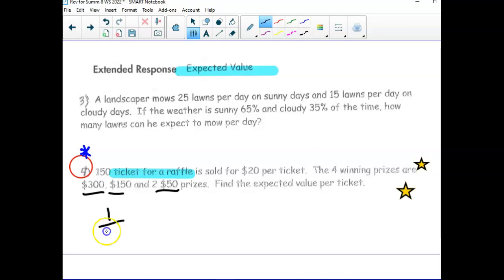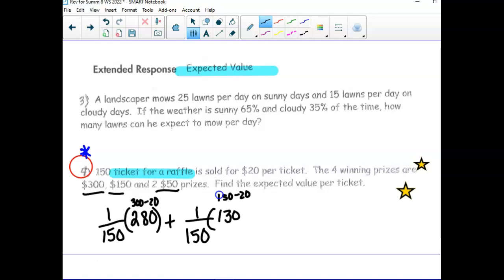But you have a 1 in 150 chance of winning $300. But do you really win $300? You spend 20 to get the ticket, so you win 280, or 300 minus 20. Okay, you have a 1 in 150 chance of getting the $150 prize, but 150 minus 20 would really only be 130.